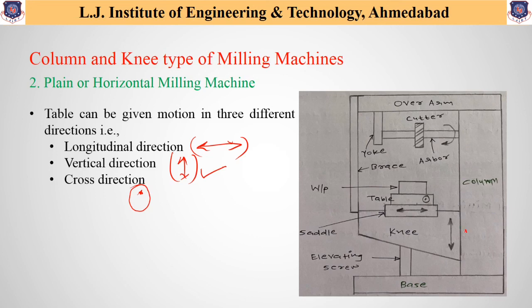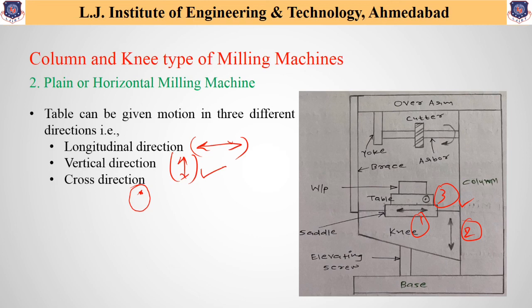So this is the first direction, this is the second direction, and here it is the third direction. All these directions are also necessary to show in the exam, because from this figure one can understand the movements available in this horizontal milling machine.